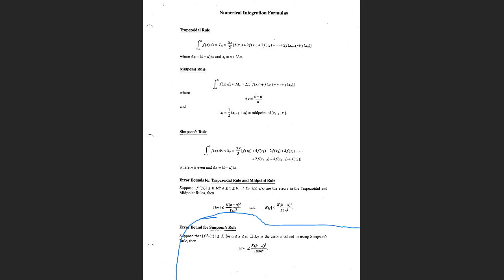But you notice in the problem, after we found our approximation using the midpoint rule, it asked us to estimate the error in the approximation. So yes, we get an approximation for our integral, but we'd also like to know how good the approximation is.